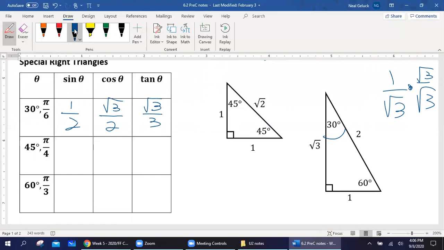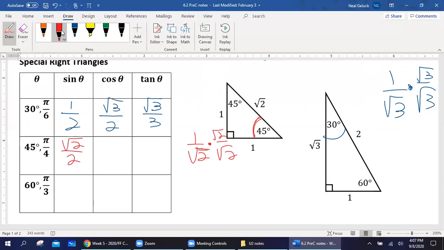If I jump to the 45, I don't really care which 45 I pick as my reference angle because they're the same. I'll stick with this one. Opposite over hypotenuse for sine would be 1 over root 2. Which again, if I rationalize that, if I multiply top and bottom by root 2, that would give me root 2 over 2.